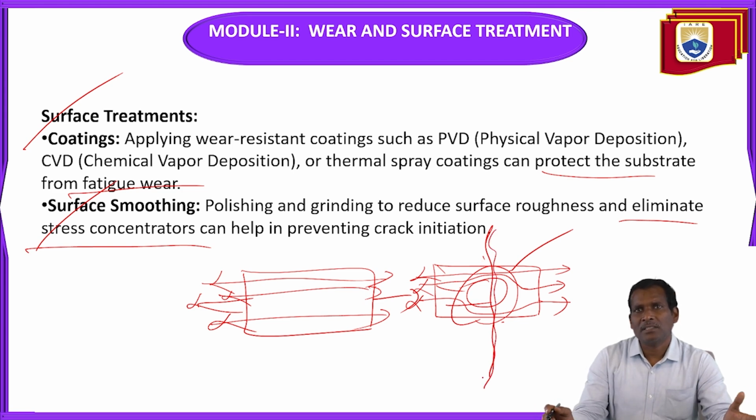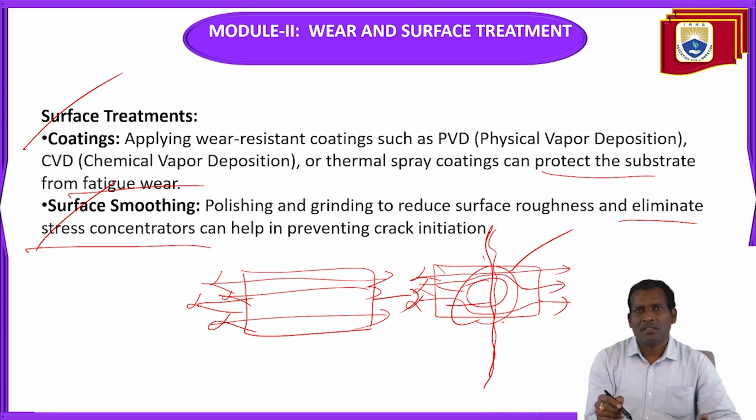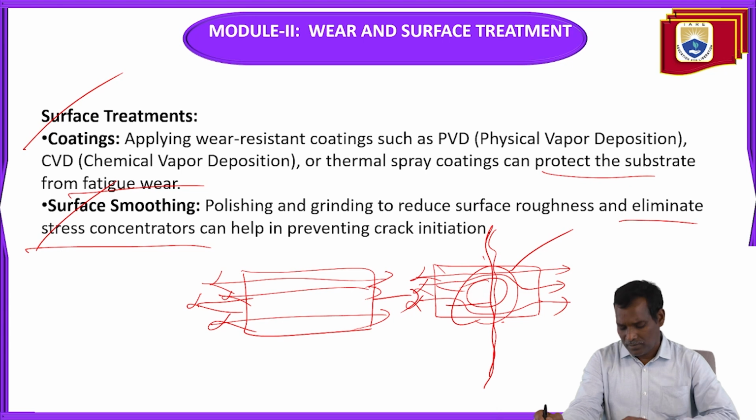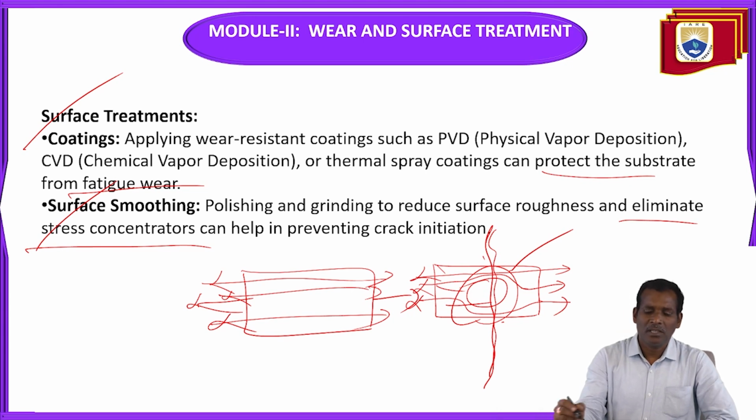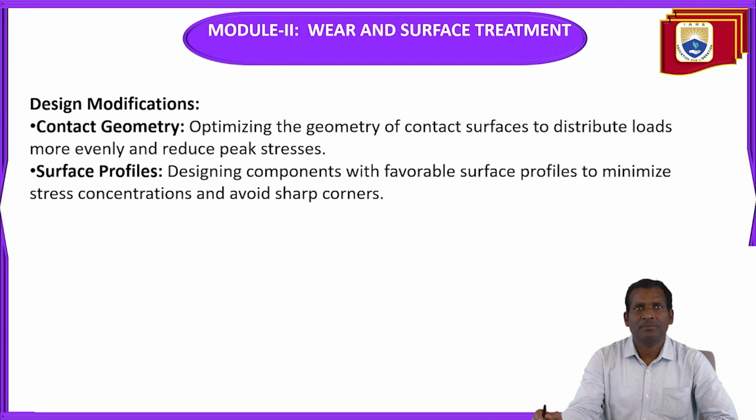So to prevent crack initiation, the surface smoothing treatment is important. Mainly, stress concentration occurs due to poor surface finish. So while designing the component, you should remember these points.